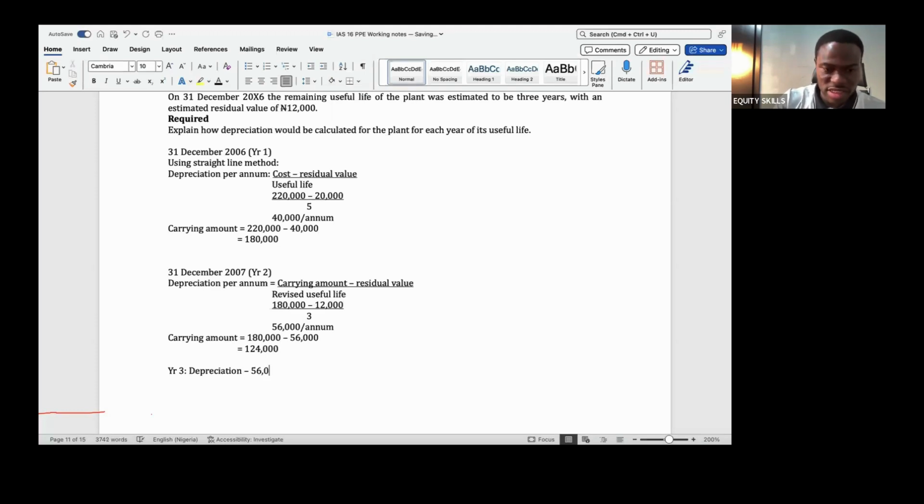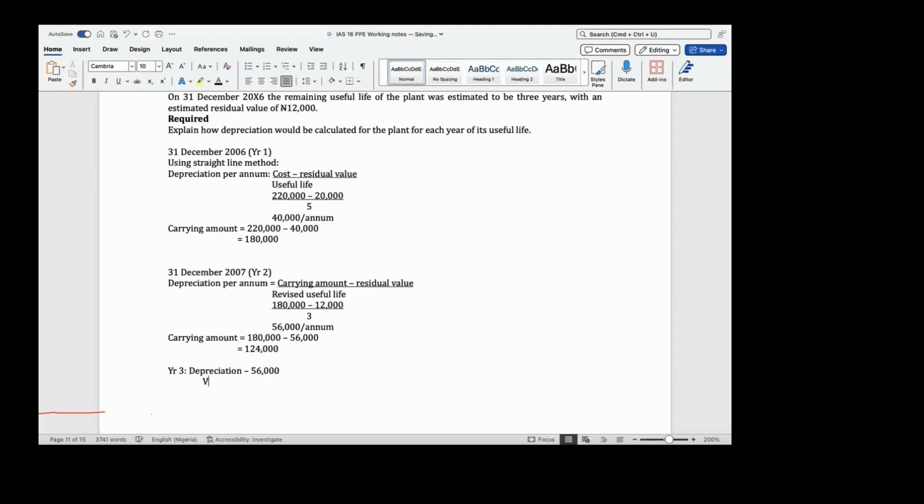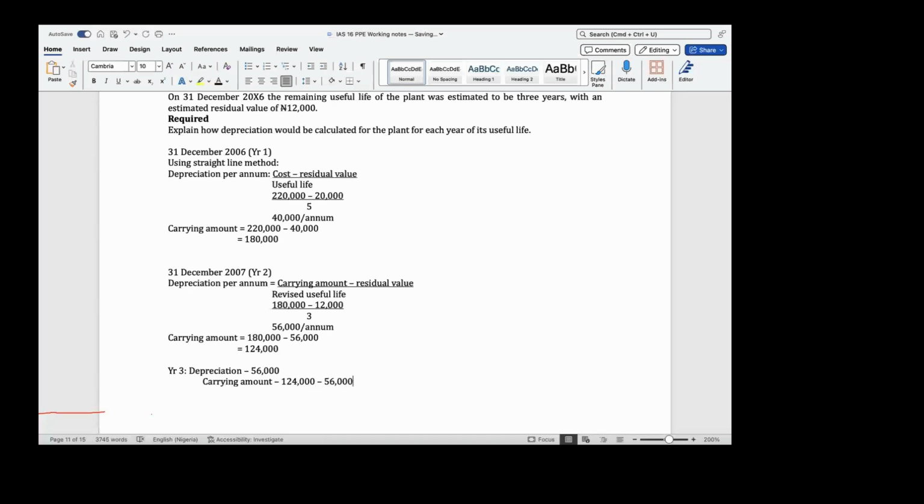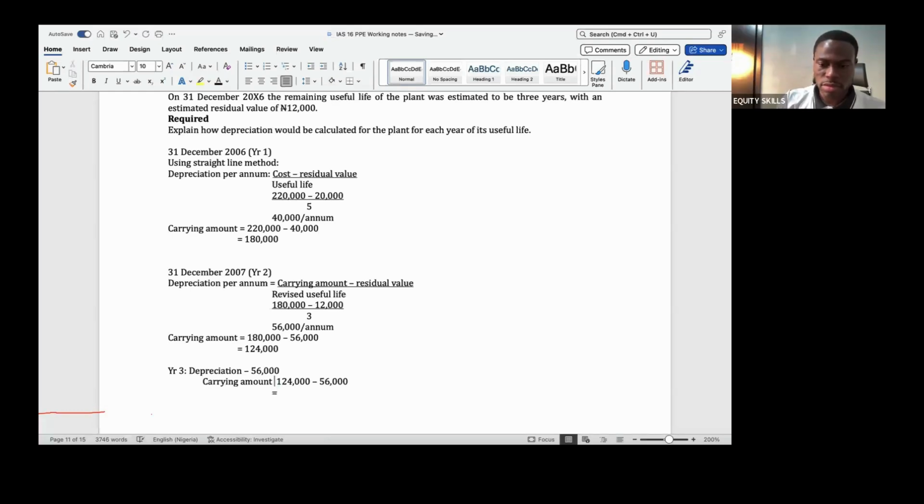It's 56,000 per annum from year 2 onward. So my carrying amount will be 124 minus 56, which is 68,000.